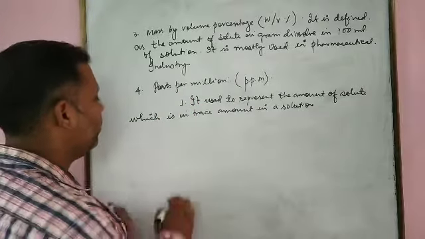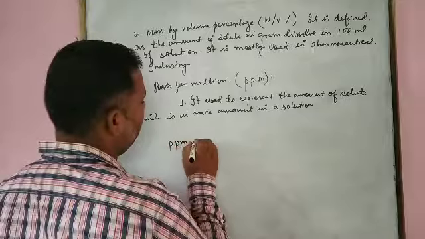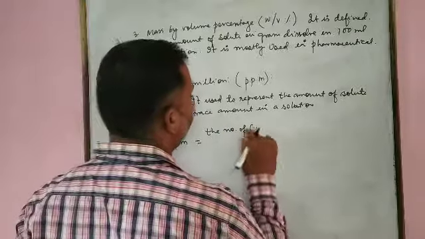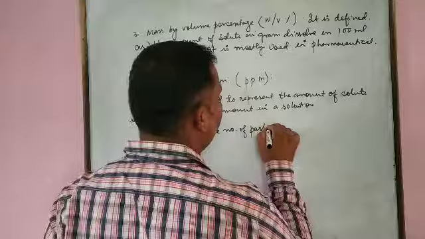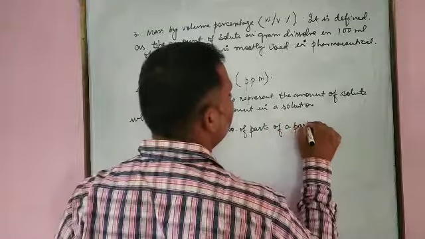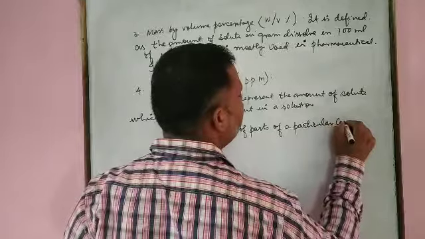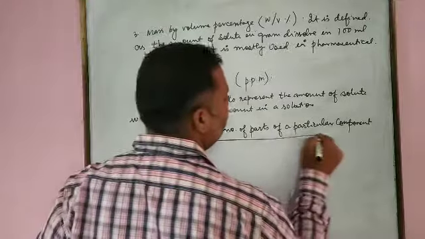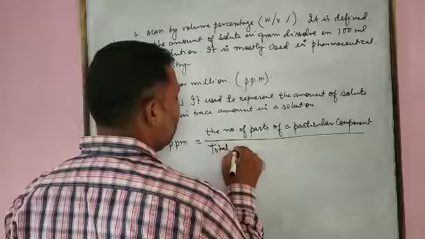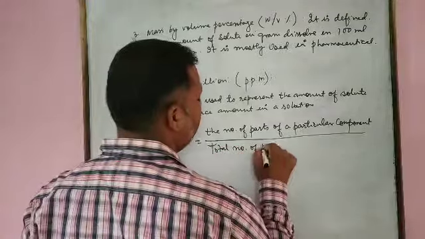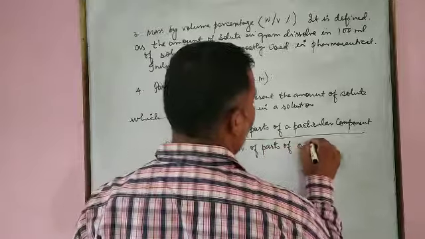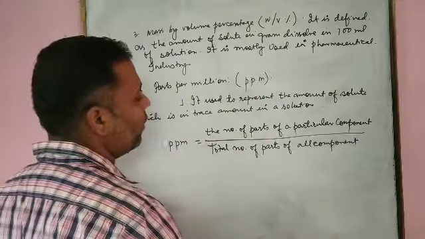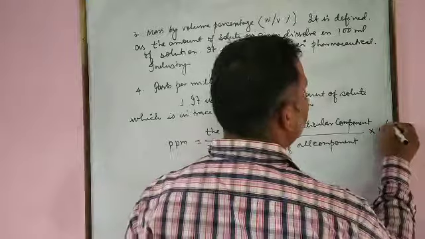It means ppm is equal to the number of parts of a particular component divided by the total number of parts of all components, multiplied by 10 to the power 6.